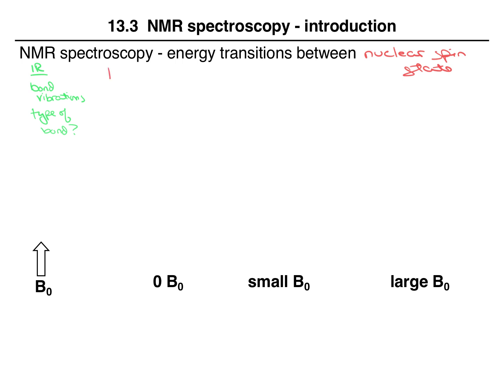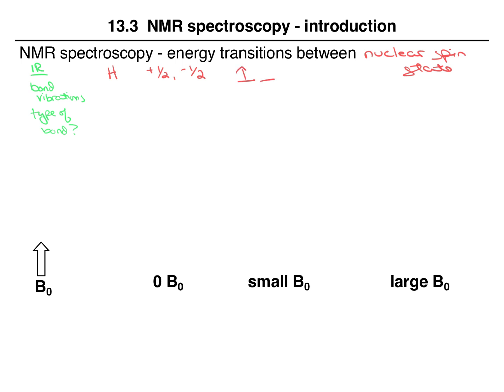Hydrogen is one example of an element that behaves like a tiny magnet. Like electrons, a hydrogen nucleus has a spin that's called +1/2 or -1/2, so two different possibilities. This can be represented as +1/2, or you can draw an arrow.